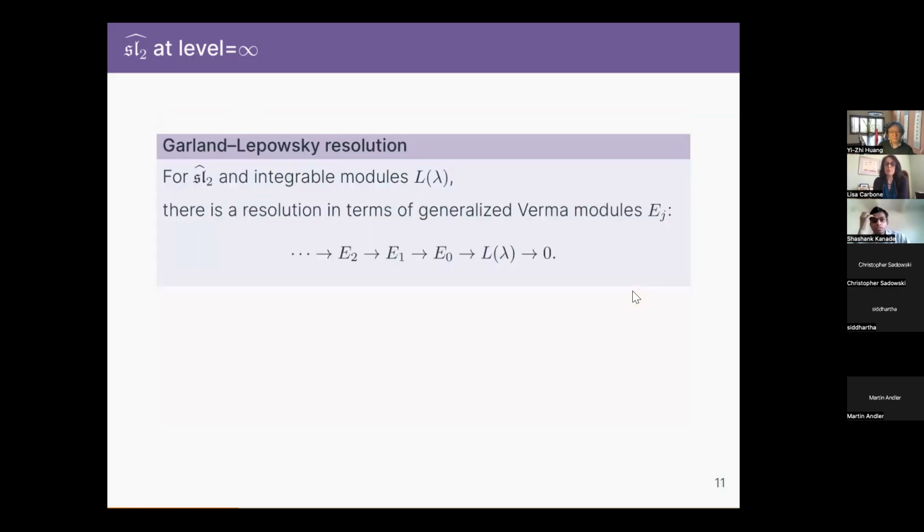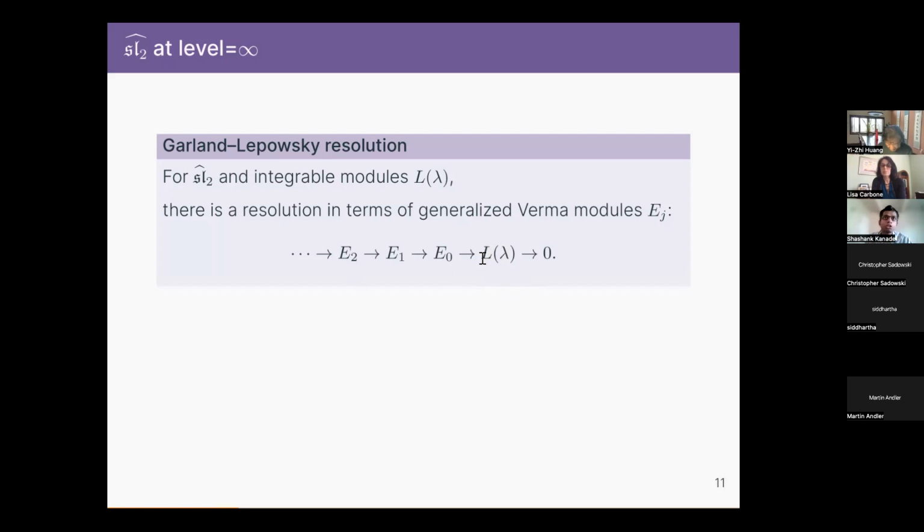So there is this Garland-Lepowski resolution of integrable modules in terms of generalized Verma modules. And for SL2 hat, this resolution has just one single Verma module at every step. So you can immediately ask a question, and I don't know how easy that is: for the integrable modules which sit at the very end, you have these finite fold sums.